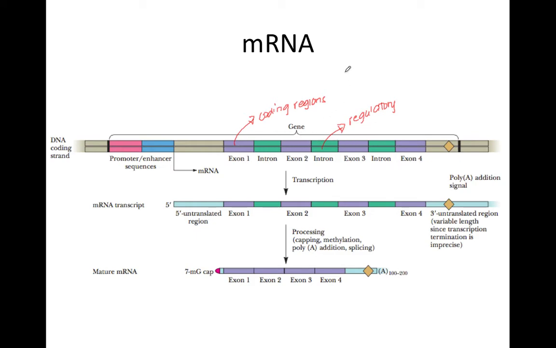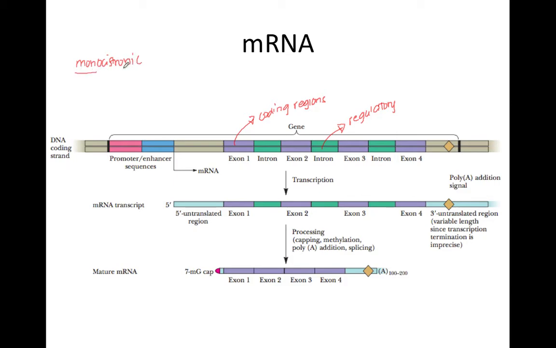So if you will find in eukaryotic mRNA, here it's the first transcript, our genes are discontinuous. So exon 1, 2, 3, and 4 encode for a single gene. As such, eukaryotic mRNAs are usually called monocistronic.